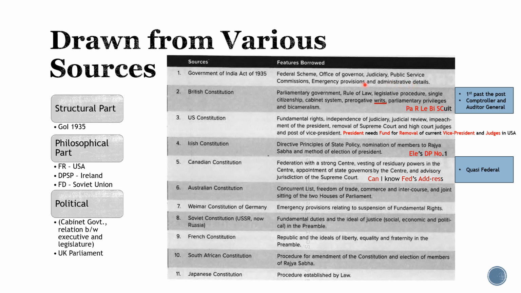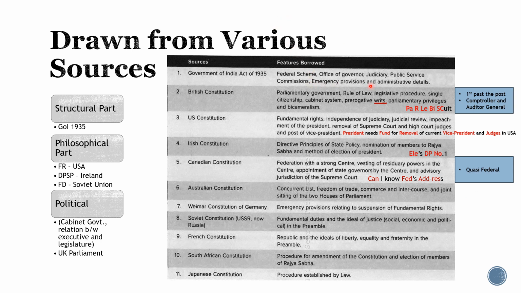And also, make sure that if emergency provision is coming from the Government of India Act, it's not also inspired from some other place, because for this particular example, emergency provision is also derived from the German constitution. The Constitution of Germany also gives the emergency provisions relating to suspension of fundamental rights. So, as they were inspired from different constitutions, they took the good parts of all of it.